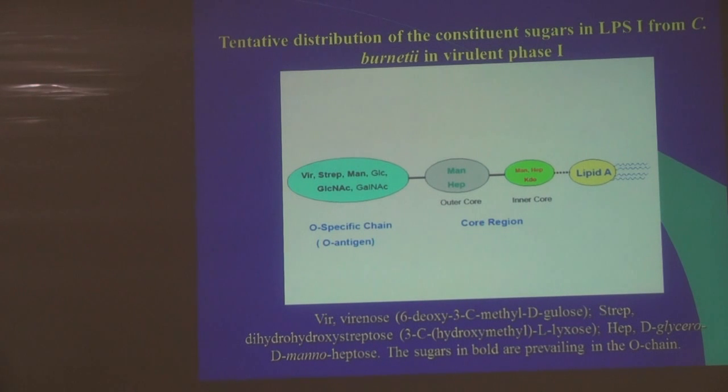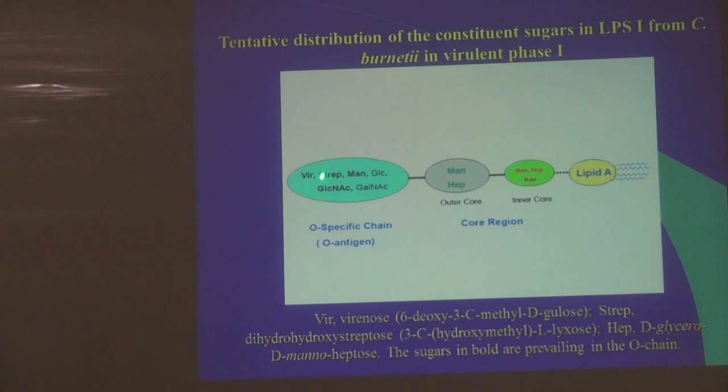So that's, in the end, the tentative structure of Coxiella burnetii LPS from phase 1. We know the structure of this lipid A, I'll show you later. We know this part of the inner core region because it's LPS 2. We have some information on this outer core, and we have not found information on the structure of this O-specific chain.